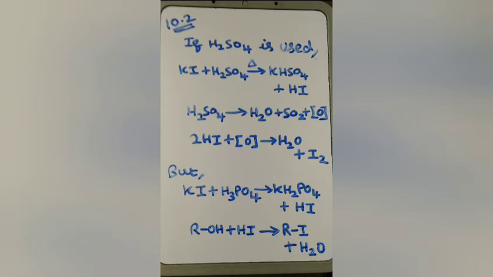If HI is left alone, it will react automatically with ROH to give RI. But HI is oxidized again, using the nascent oxygen. Nascent oxygen means the O symbol inside the box. HI is oxidized and it gives I2. I2 cannot react with ROH. So that is why H2SO4 is not used, because it is the strongest oxidizing agent. So H3PO4 is used to give RI.